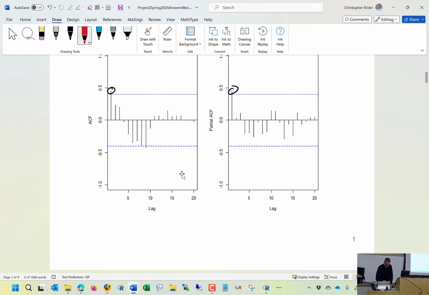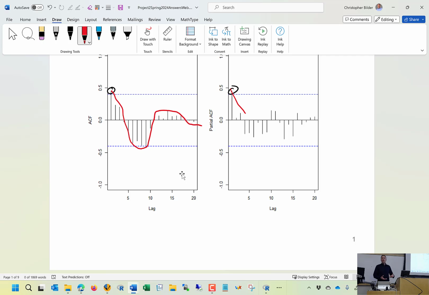Perhaps what's happening here is a tailing off to 0 after, let's say, maybe lag 1, or starting at lag 1. We also have kind of a tailing off to 0 there as well. Now, this isn't perfect. This isn't as perfect as what we saw, for example, in subsection 6 of our notes. But that would be one potential interpretation of this. And if I can say that the tailing off starts after lag 1, then that tells me P equals 1, Q equals 1, because I have it in both plots.